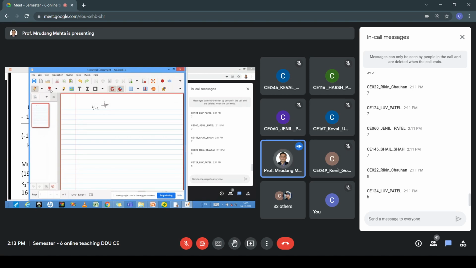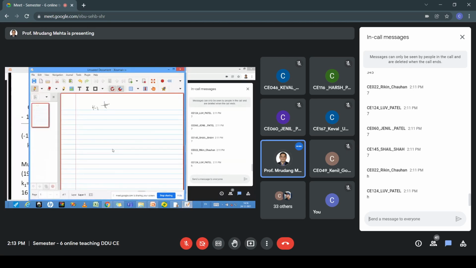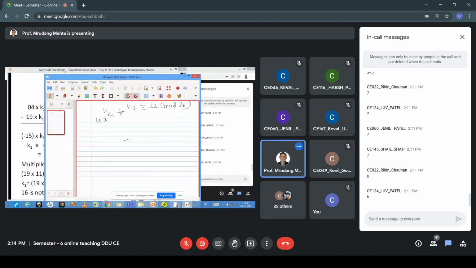So in the first character E, the plaintext value is 4, so 4 into K1 plus K2 is congruent to 22 mod 26, right? Similarly, in the second case, we have 19.